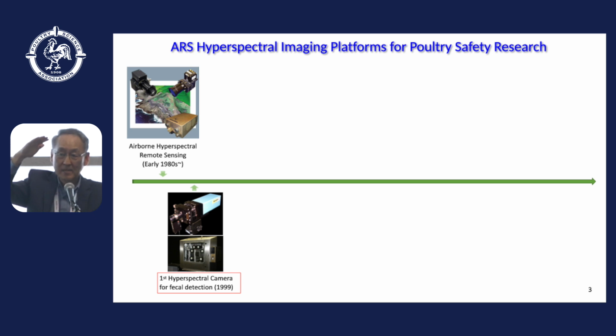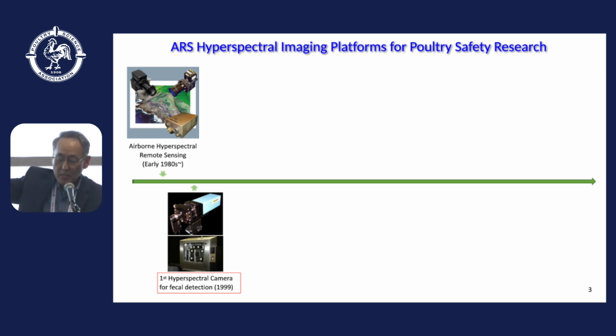Line scan means either the object moves or we have to move the lens, so we cannot see the whole object at all. We can see only the line. So the main challenge was how we could convert this binary code into an image. So we did. I'm going to share that image later.